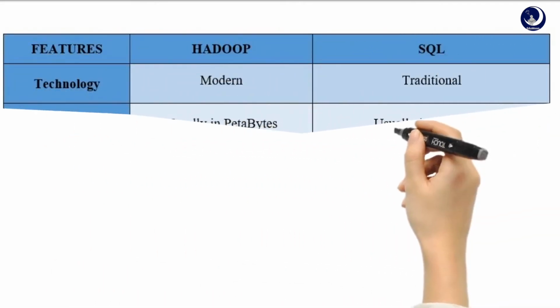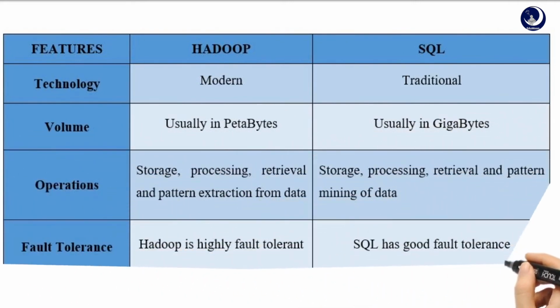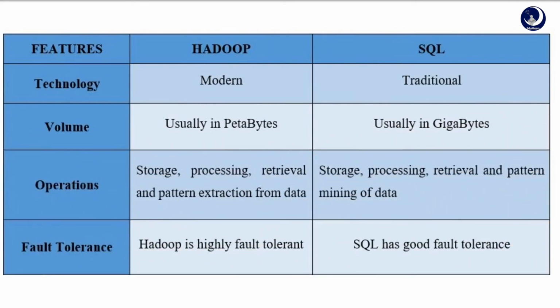Apart from the important differences which we have discussed so far, there are a lot of other differences that can be brought up between SQL database and Hadoop. With the technology, Hadoop is modern whereas SQL is a traditional one. Volume: Hadoop can handle around petabytes of information, whereas SQL can handle only gigabytes of information. Operations like storage, processing, retrieval, and pattern discovery from data are handled by Hadoop, whereas storage, processing, retrieval, and pattern mining are processed by SQL.